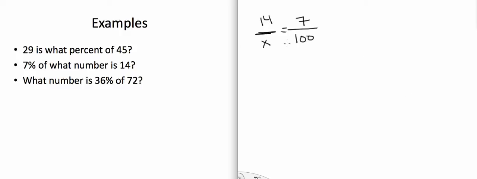When we are trying to solve this, remember, we can't solve this using undoing division right away because our x is on the bottom. So we need to invert each side. It looks like x divided by 14 is equal to 100 divided by 7. Now we can solve this. We get the x by itself by multiplying by 14 on each side.